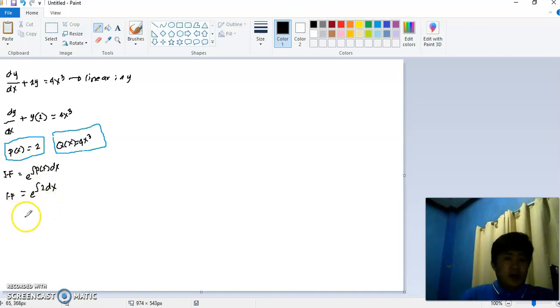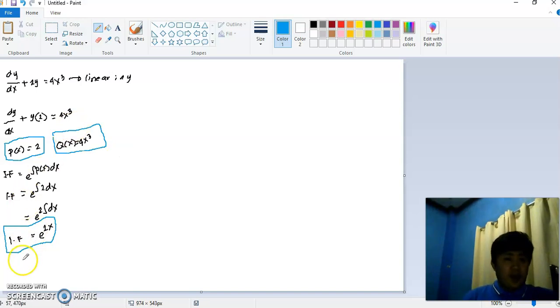Move the constant outside, so now you have an integrating factor of e to the 2x. So this is now our integrating factor.